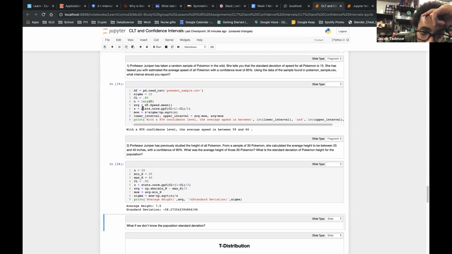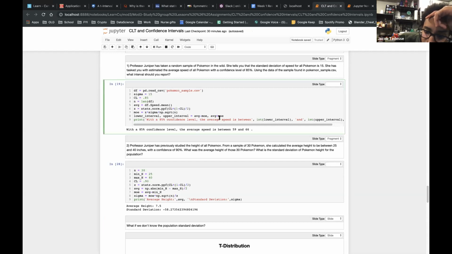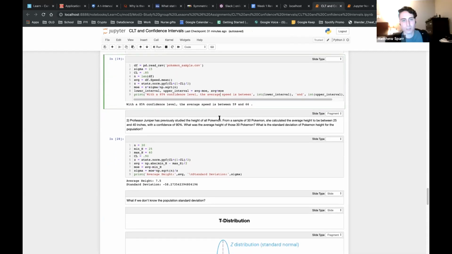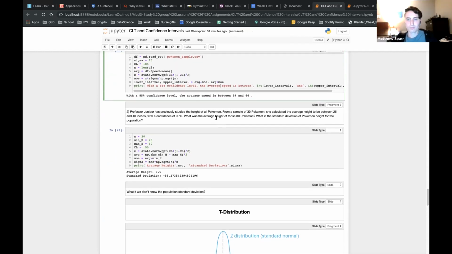I used the Z formula with the confidence level plus 1 minus the confidence level divided by 2. The margin of error was just Z times sigma divided by the square root of N. So I got the average speed between 59 and 66 at an 84% confidence level. That looks good to me. Okay, cool.